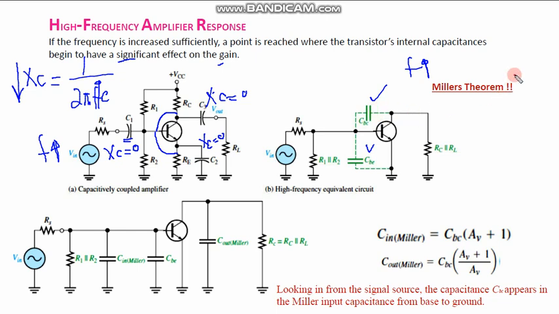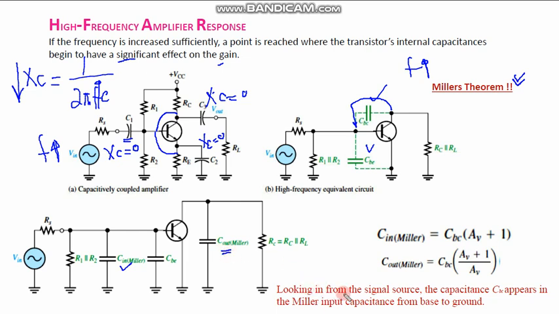Miller theorem solves this particular scenario. The Miller theorem says that if you have a capacitor from the output to the input, you can replace this capacitor at the input side by C in, and similarly the effect of this capacitor is also on the output, so you can replace it by C out Miller.